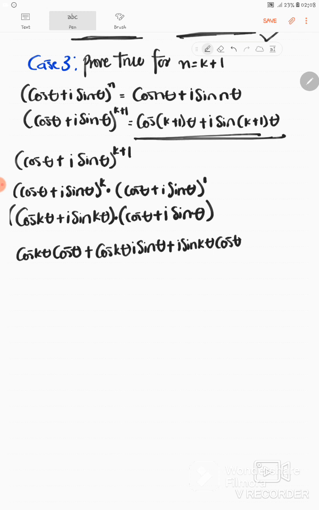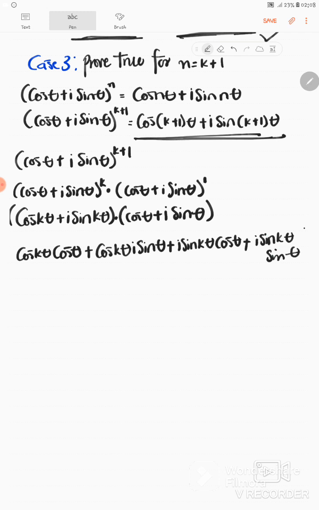Then our last one is i sine k theta times i sine theta, that's plus i square sine k theta sine theta. Okay, let me write it below. We're going to have i sine k theta sine theta. They are together, as we know.